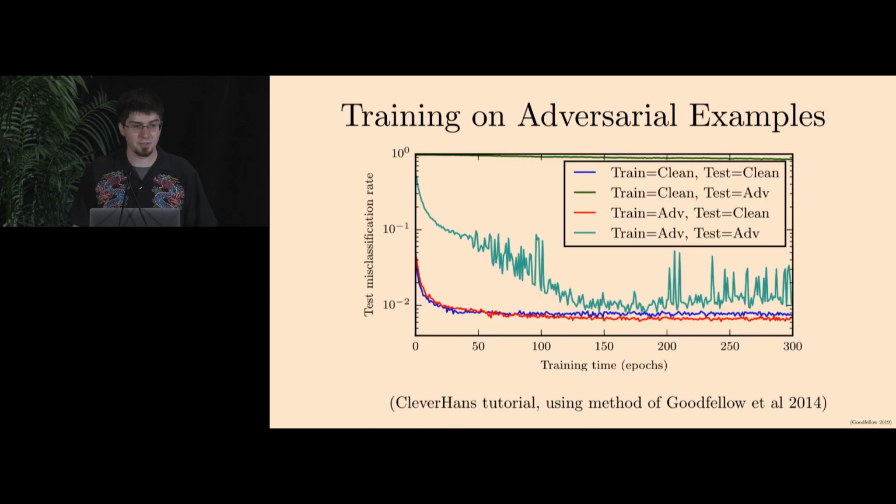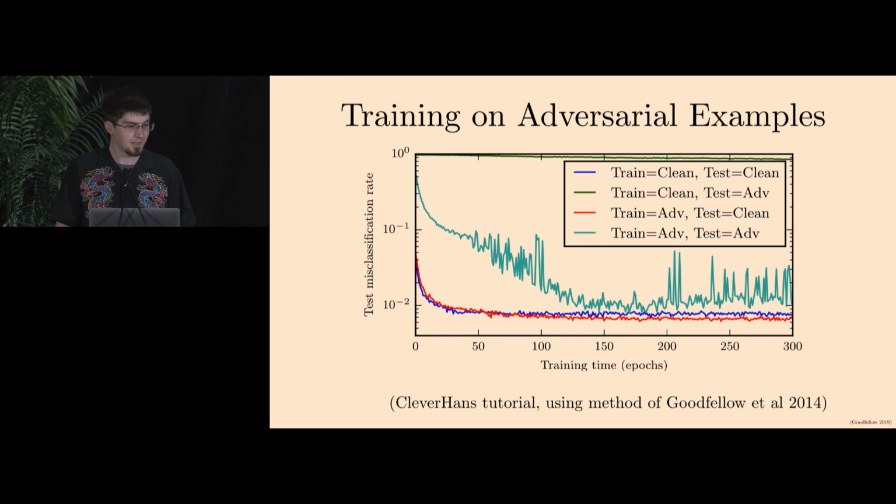In particular, we can actually try to do better as a defender by playing this minimax game explicitly and running gradient descent in the outer loop on the parameters, while the attacker runs gradient ascent in the inner loop on the inputs.